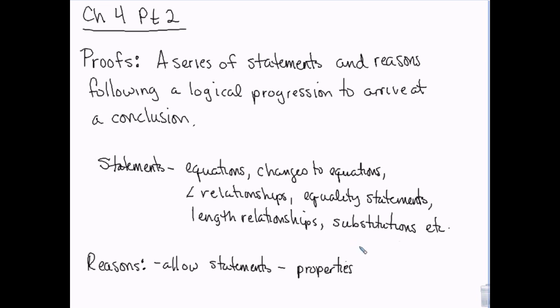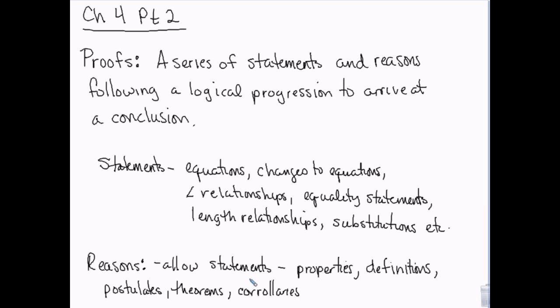So you can use properties, you can use definitions. So for example, if I have two angles that are vertical, I can say angle 1 is congruent to angle 2. That's the definition of vertical angles. So I can use a definition. I can use postulates. I can use theorems. And I can use corollaries.